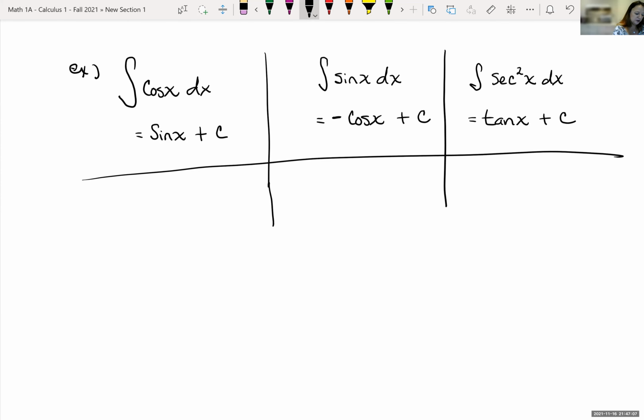So we could go through each one of these. So I have to kind of think backwards. So if I was looking at the antiderivative of cotangent, that was cosecant squared. So if we're looking at the antiderivative of cosecant squared dx, that is cotangent of x plus c.